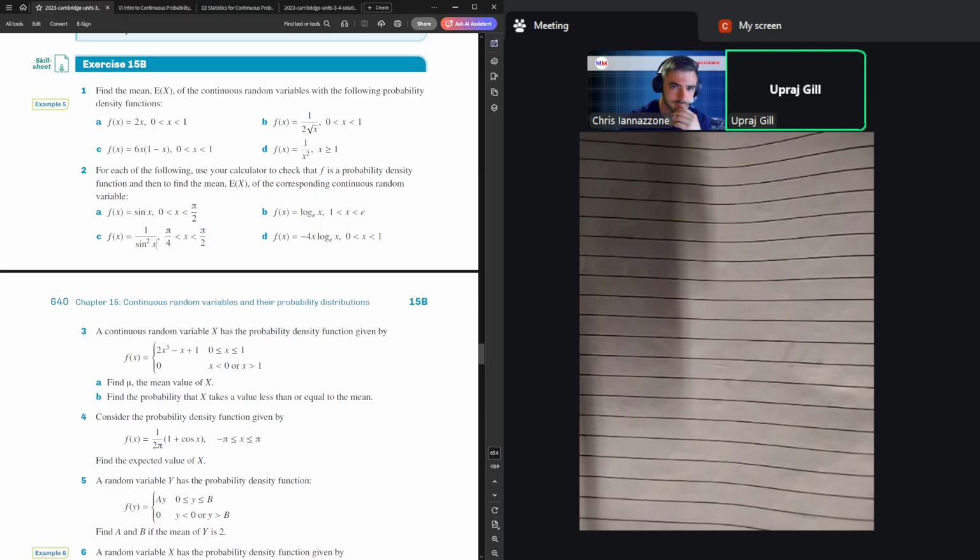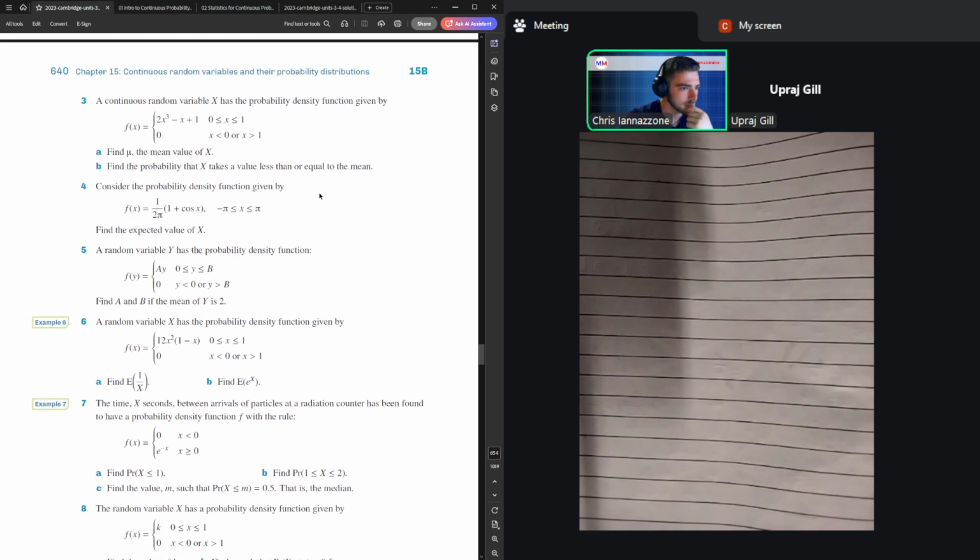I can tell you that. Yep. And let me just copy that over. And the mean is 1.13. Yeah, 1.13. Cool.